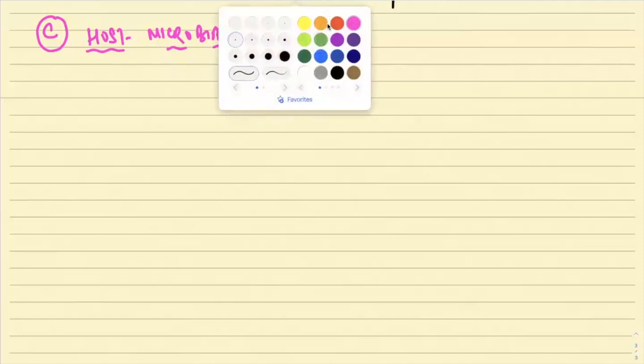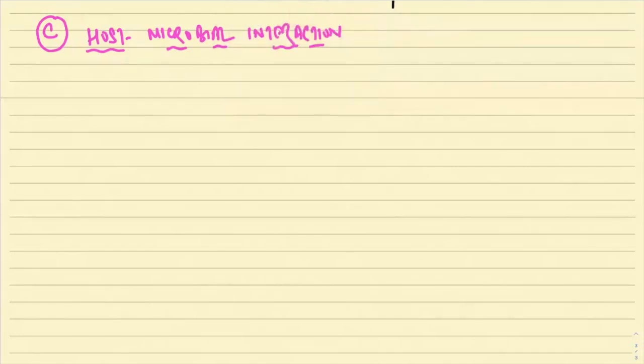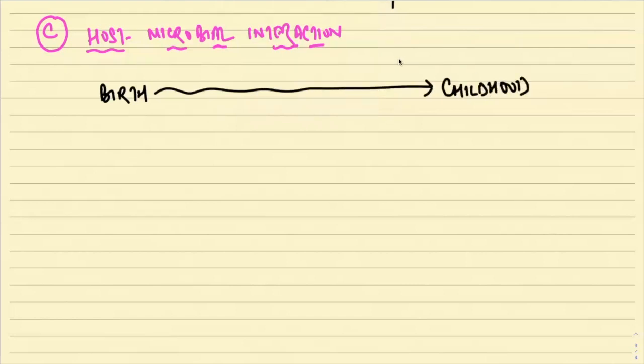Whatever interaction there is between the host and the gut: from birth, going towards childhood, this interaction with the gut microbiome is very simple at birth. And why is it simple? Because there is a decreased amount of gut microbes present at birth.